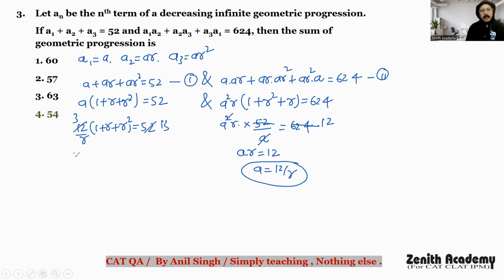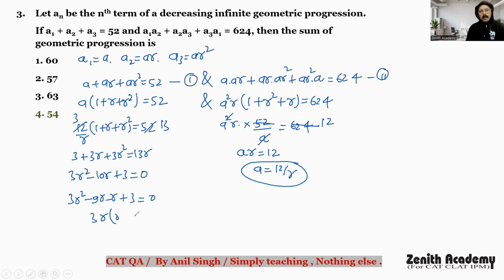So finally it is 3 plus 3R plus 3R square, 13R, 3R square minus 10R plus 3 is equal to 0. 3 3 is 9, means 3R square minus 9R minus R plus 3.